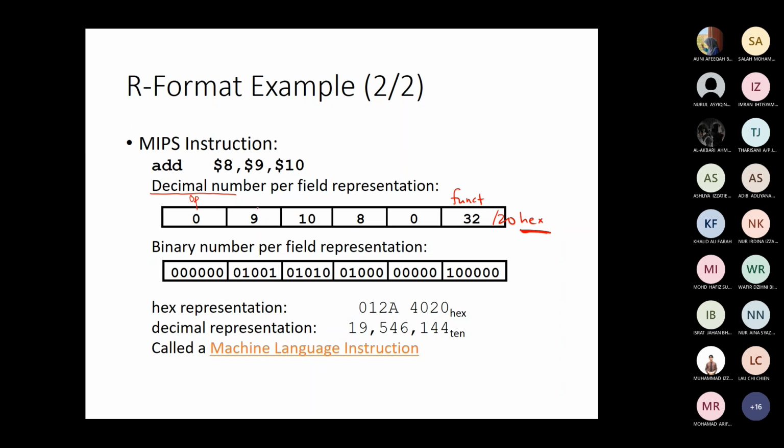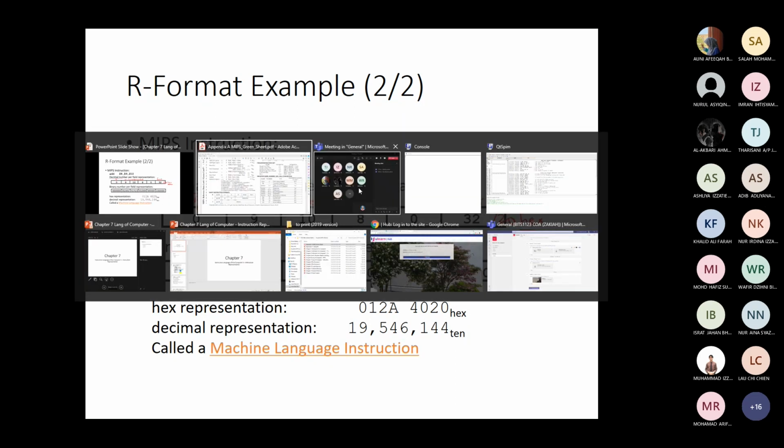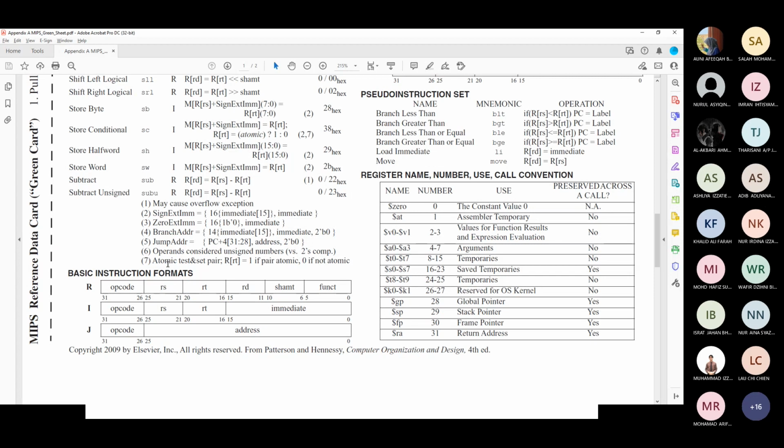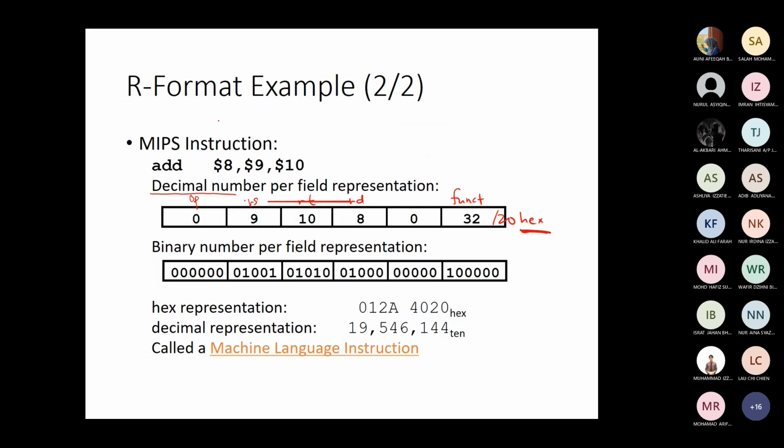Then the first field is RS, this one is RT, and this is RD. How do I know that? Look back at the basic instruction format. We have RS, then the second field is RT, and then the third field is RD. So this is the function, this is RD, this is RS, this is RT.